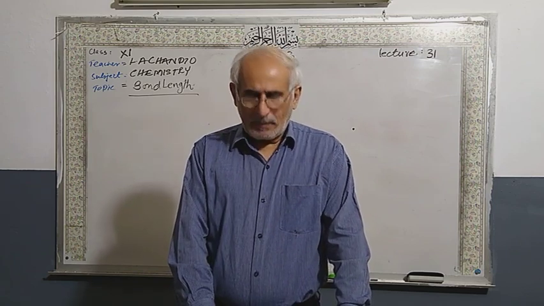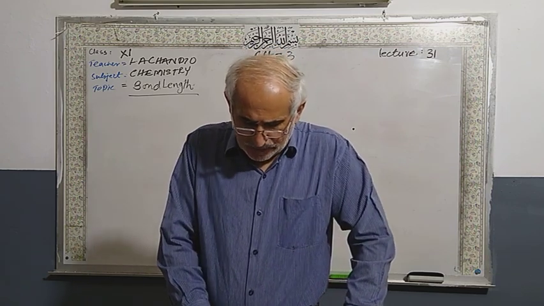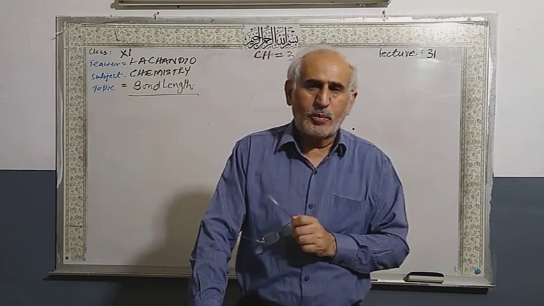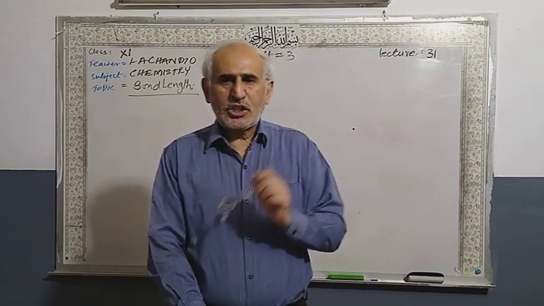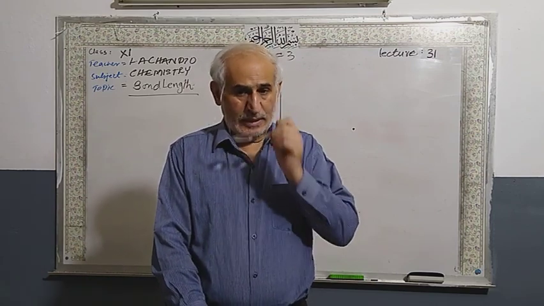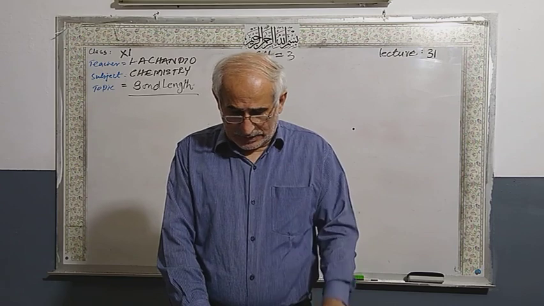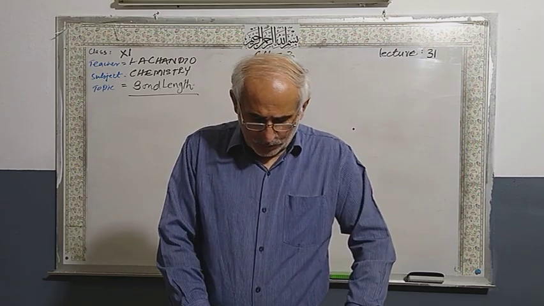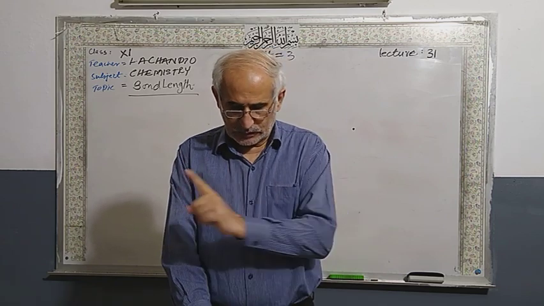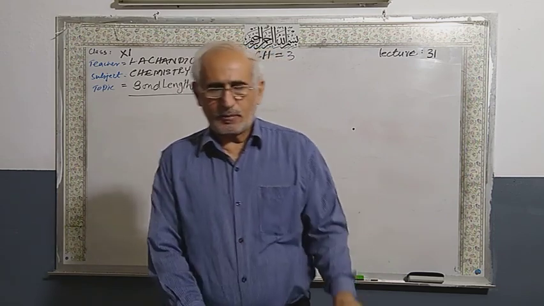I am repeating again, the distance between the nuclei of atoms joined by the covalent bond, and the condition given is that this is not a constant. It varies because the bonded atoms are always vibrating with respect to each other.